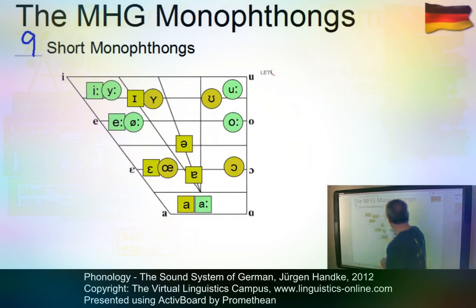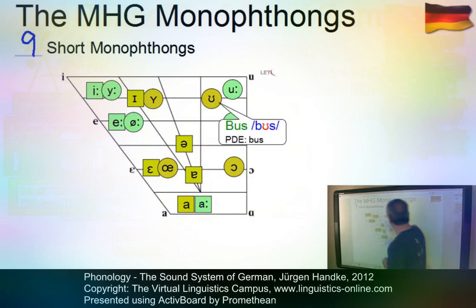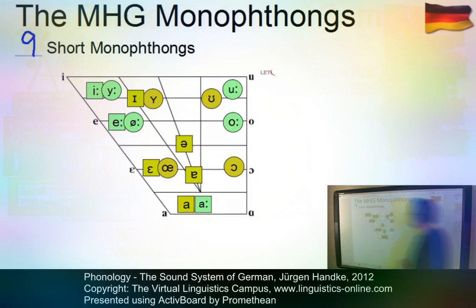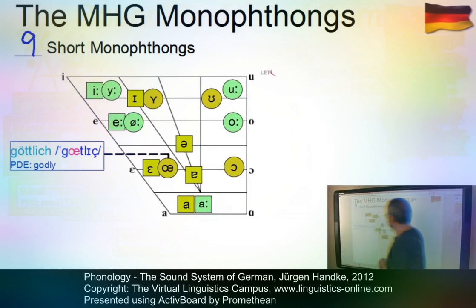Here is the mid-low back vowel O as in Post. Then a short U as in Bus. And again we have 2 rounded front vowels, the short Ü as in Hülle and the short Ö as in göttlich.